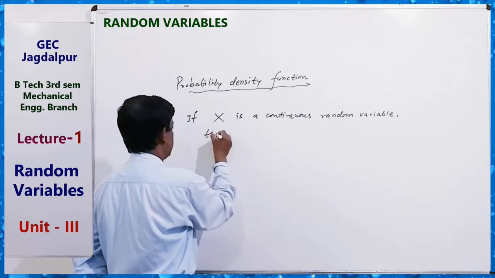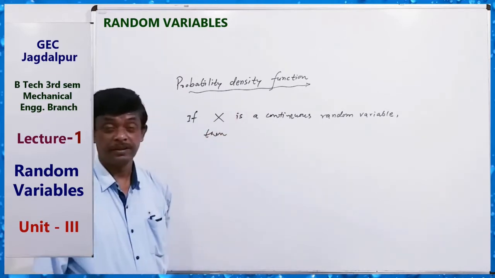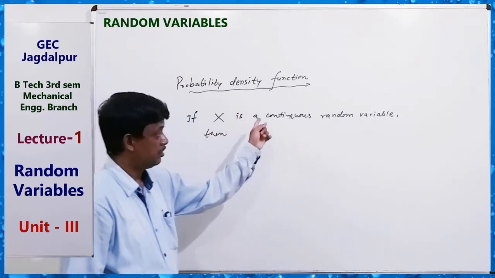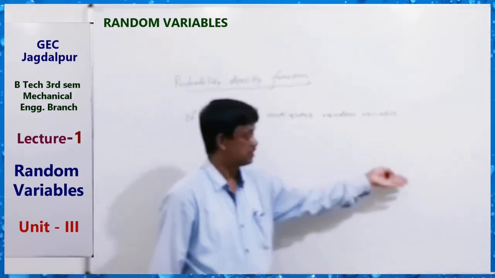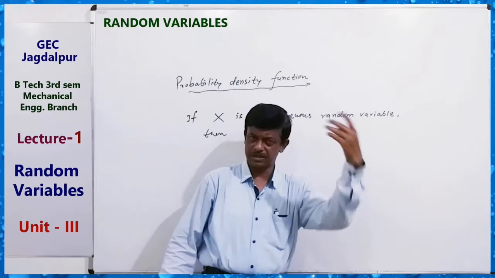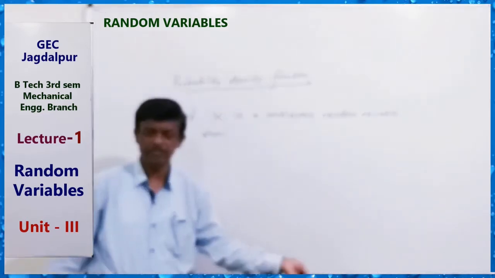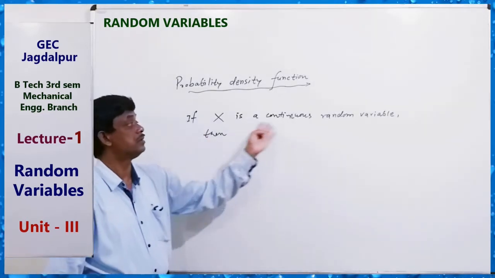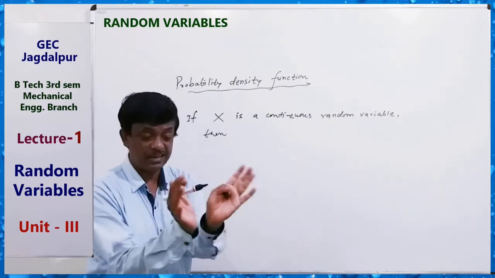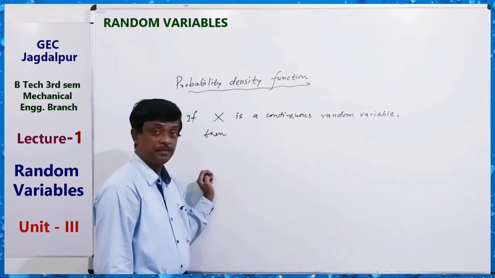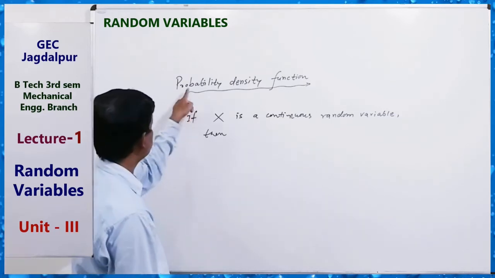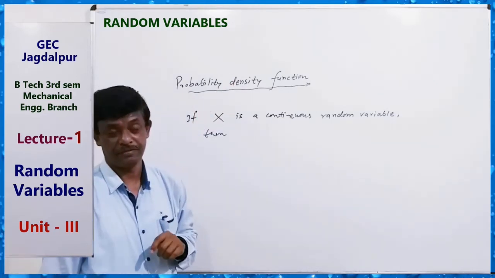In the case of a discrete random variable, we can write probabilities corresponding to discrete values of the random variable. Here, if x is a continuous random variable which lies in an interval, then for probability we use the probability density function, PDF.